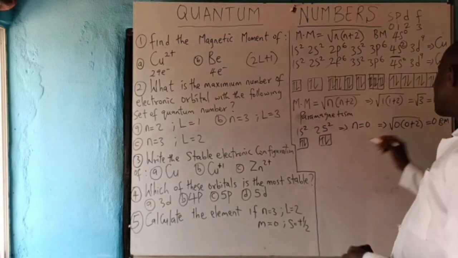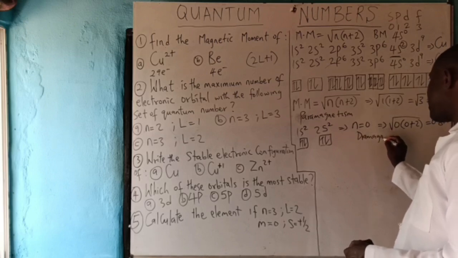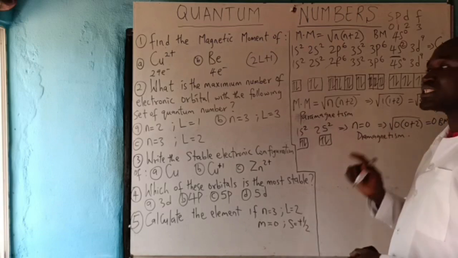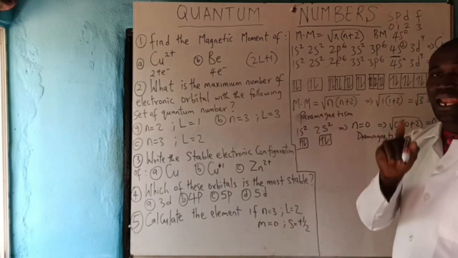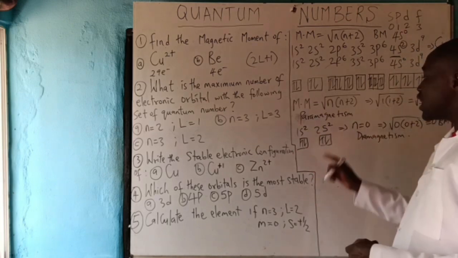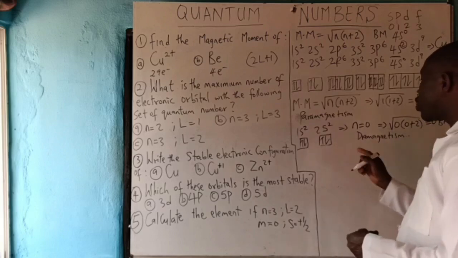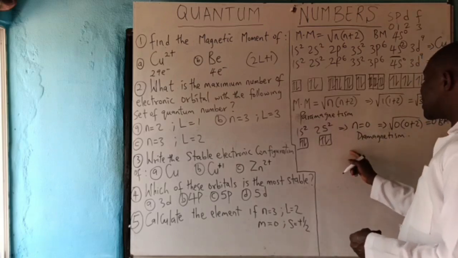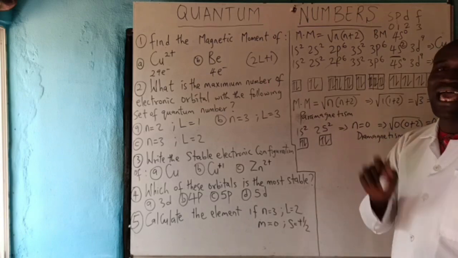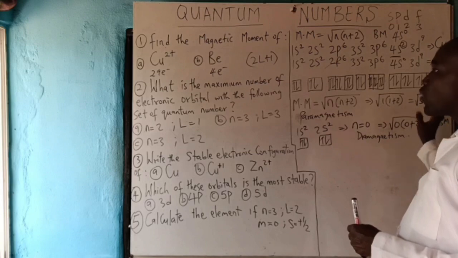That is where the name diamagnetism comes in. Beryllium is a diamagnetic element. Why? It only has paired electrons and no unpaired electron, so the number of unpaired electrons is 0, and the principle of diamagnetism comes in there.